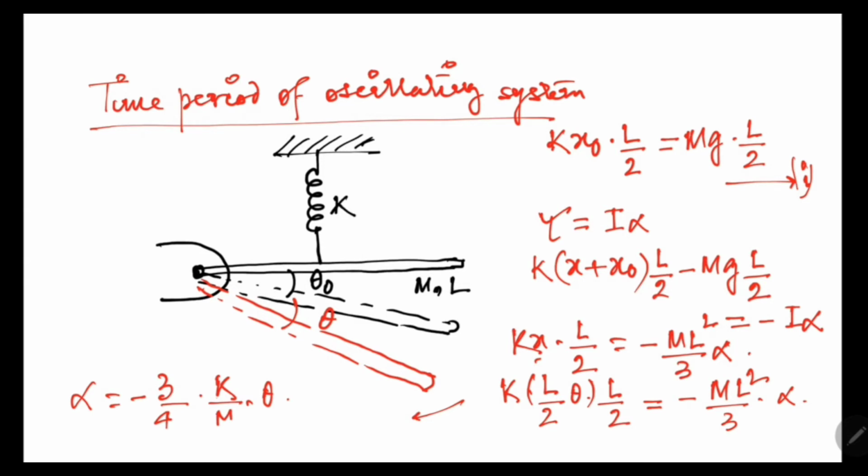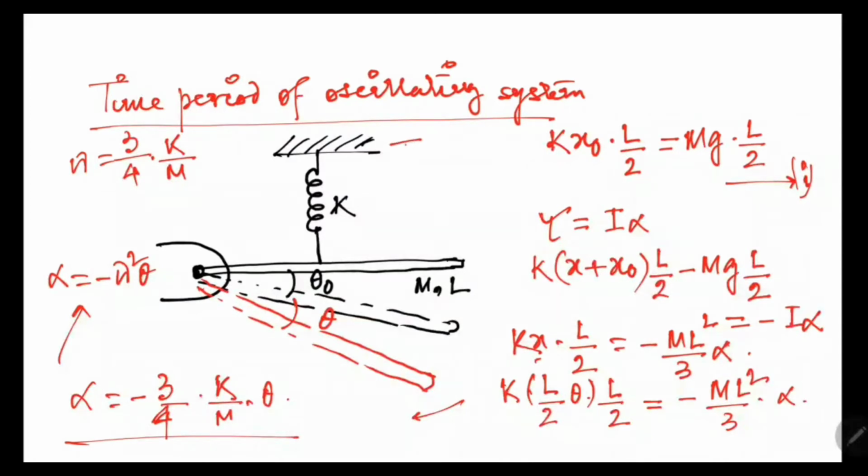Now compare this equation, minus 3 by 4 into k by m into theta, with the standard equation of SHM, alpha equals minus omega squared theta. So we can write that omega squared equals 3 by 4 into k by m.